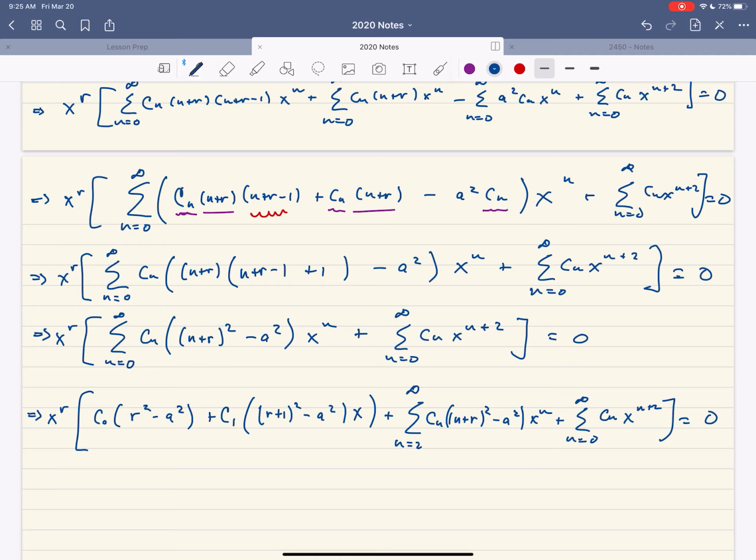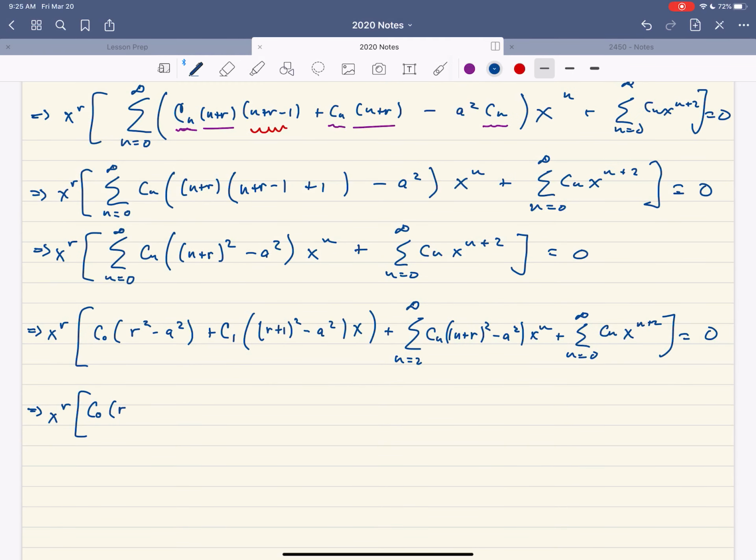So what we're going to do is let's do two things here. Let's shift our index in this sum starting at 2. And then after that, we'll interpret everything.